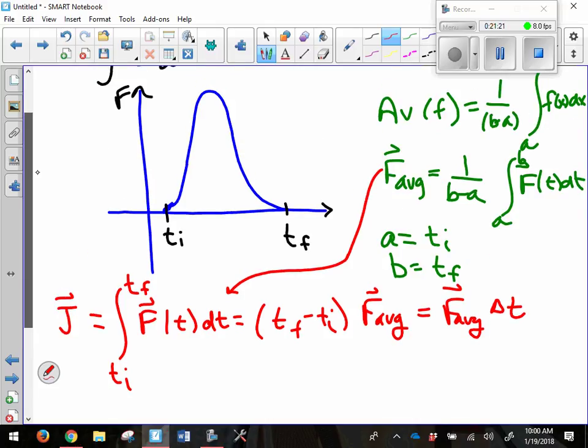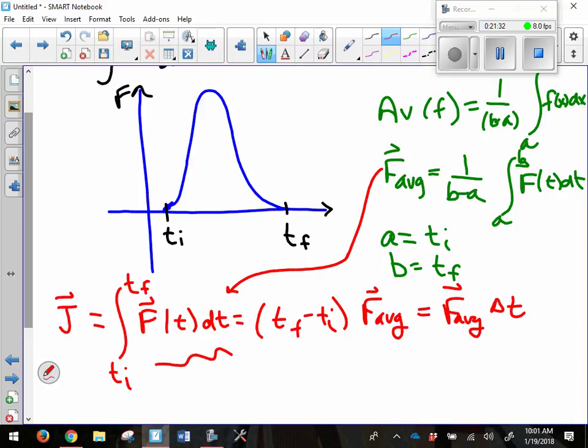And what that means is I can say that the area under the curve is equal to some average value of F times delta t. So my average value of F might be somewhere around here.